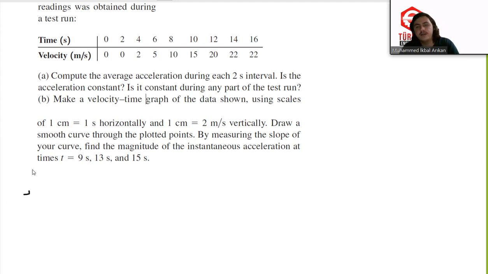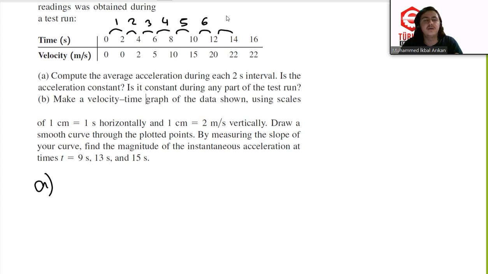So let's start with part A. I will solve part A first. At each 2-second time interval, I will solve for the acceleration. So I have here acceleration 1, acceleration 2, acceleration 3, or let's say this is our first interval, second interval, third, fourth, fifth, and sixth, and this will be our seventh, and this will be our eighth interval.